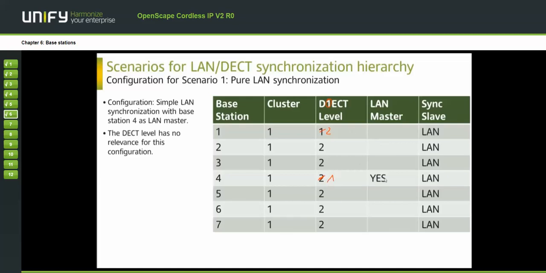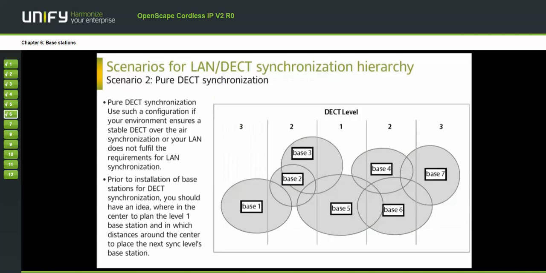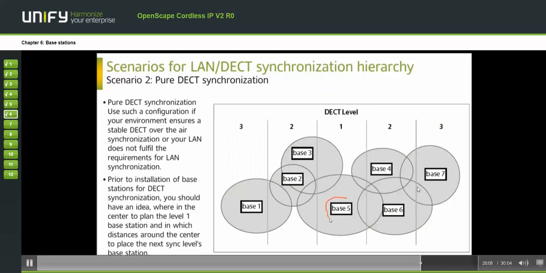Right, then a very interesting scenario, and the scenario that was not possible previously with Unify Cordless IP version 1. That's scenario number 3, the mixed scenario, where we have a set of base stations which we can sync via air. Then we have a solid metal wall, like fire protection, or if you are in a hospital, you have an X-ray area which is screened, or anything like that.